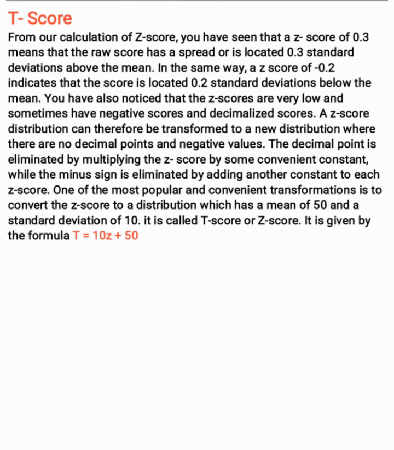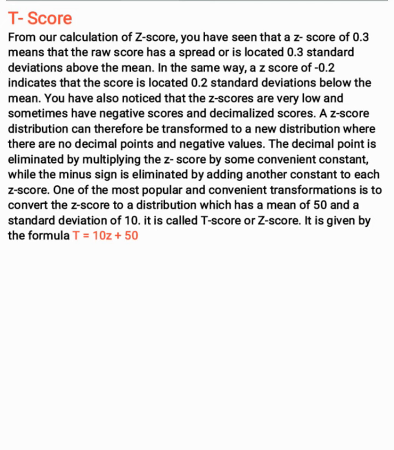You have also noticed that the Z scores are very low and sometimes have negative scores and decimalized scores. A Z score distribution can therefore be transformed to a new distribution where there are no decimal points and negative values.